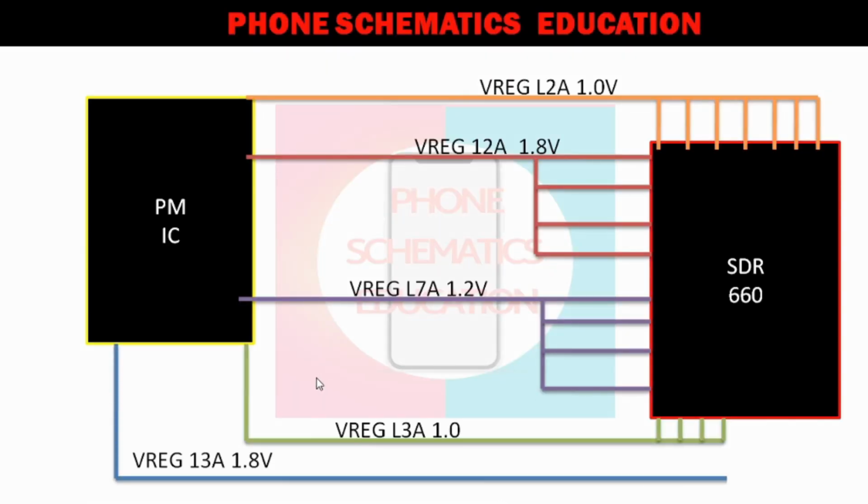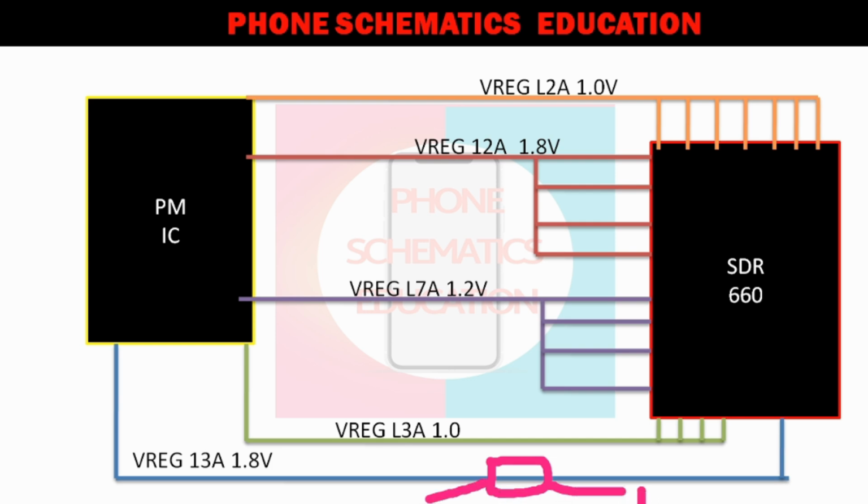Another line comes from the LDO 13 1.8 volt. In this line you will also see a resistance. So you can check the resistance for 1.8 volt. First you check 1.8 here.